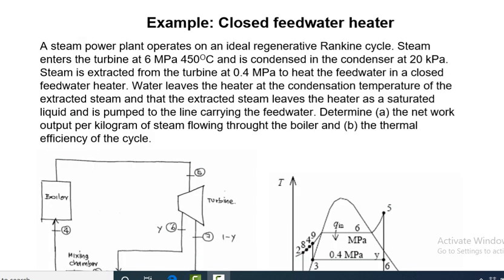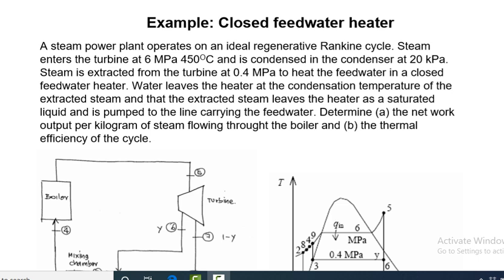Let us take another numerical, based on the closed feed water heater. Like the second numerical: a steam power plant operates on an ideal regenerative Rankine cycle. Steam enters the turbine at 6 megapascal, 450 degrees Celsius, and is condensed in the condenser at 20 kilopascal. Steam is extracted from the turbine at 0.4 megapascal to heat the feed water in a closed feed water heater.